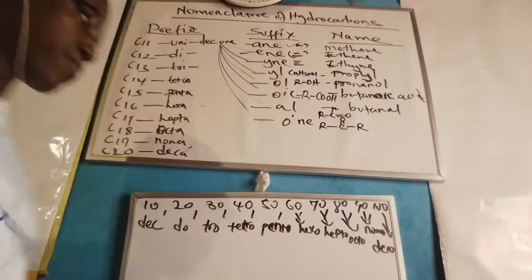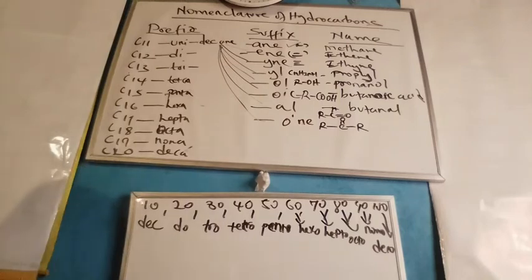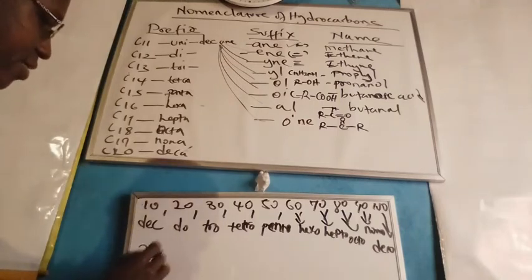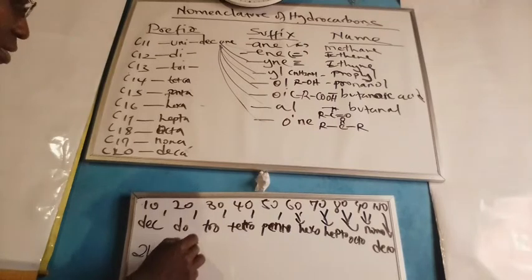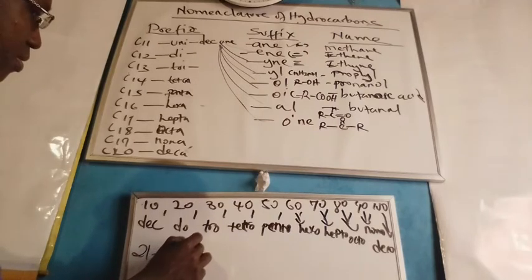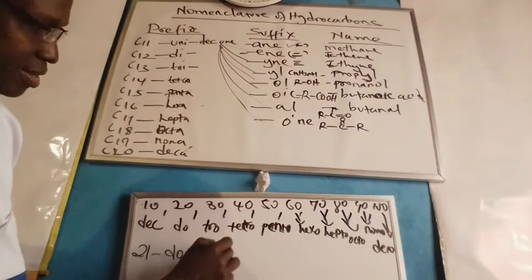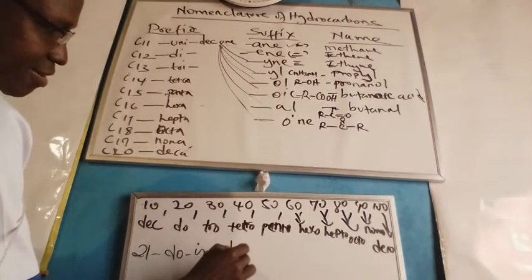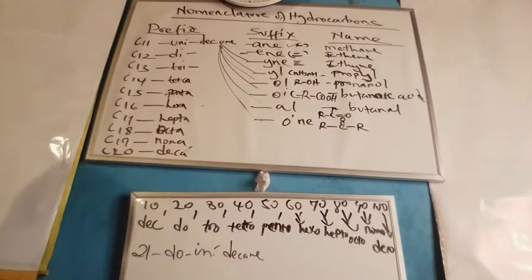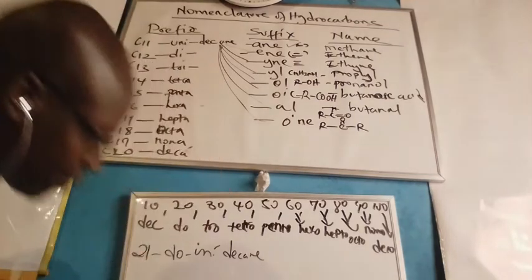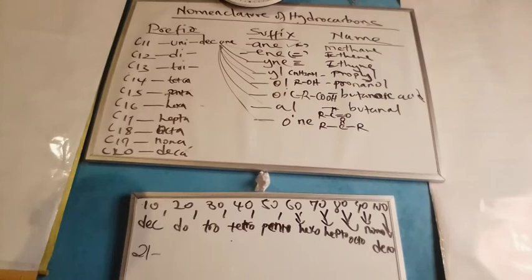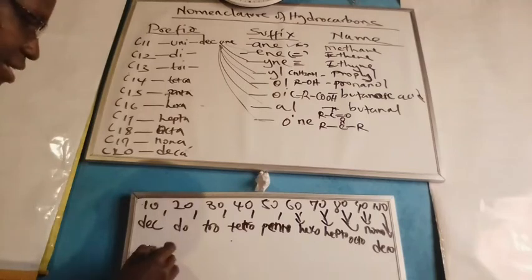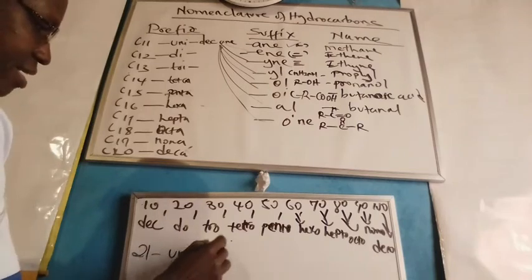If, however, you are to proceed from number 20 to 21, then you will simply say do, uni, decane. Now, assuming that we already are using 20 as dodecane, then you will just say uni dodecane.